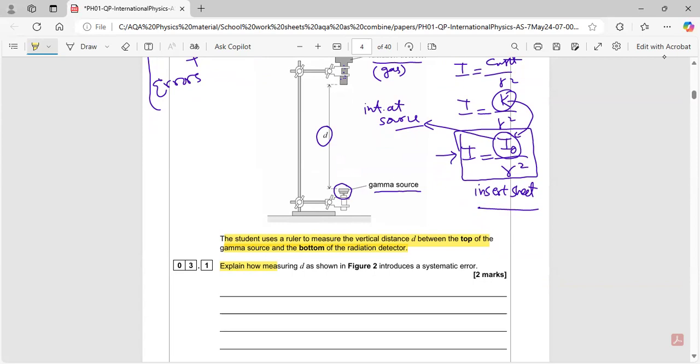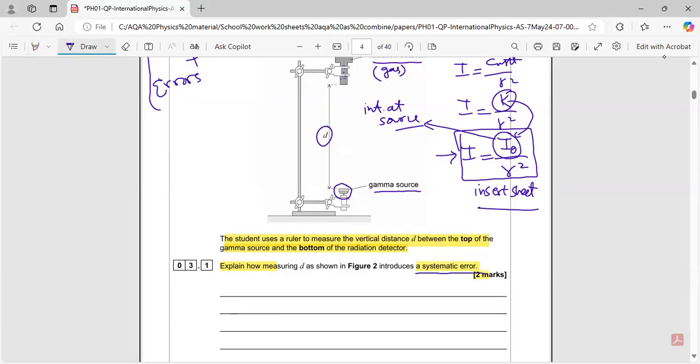Oh, okay. It means that some systematic error is there, and you have to look for the reason why systematic error is there. Well, this is important. Systematic error is the instrumental error. It is the fixed error. So it means that there is some fixed error that is present over there.